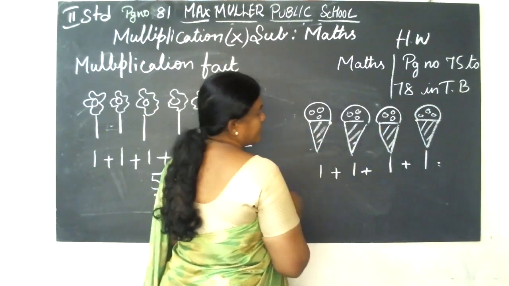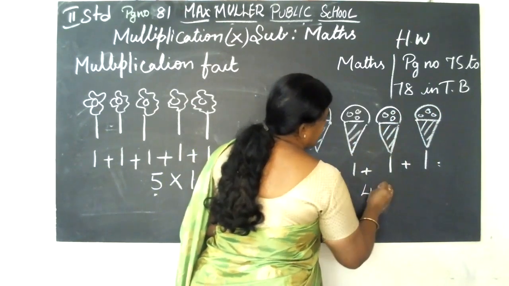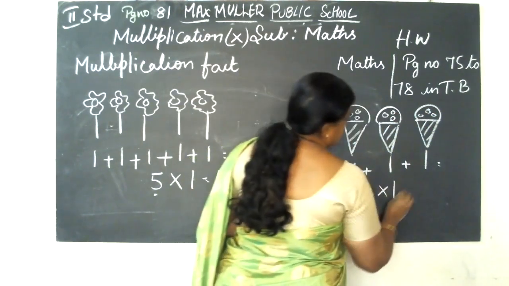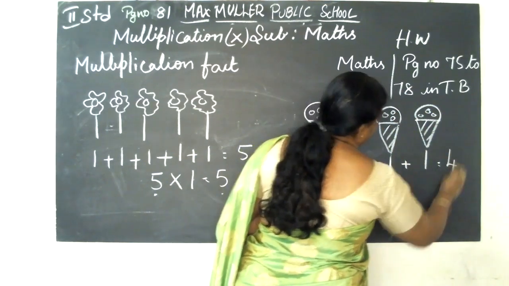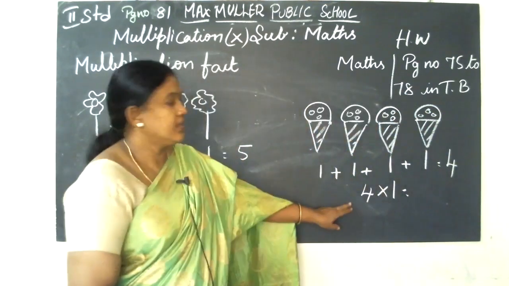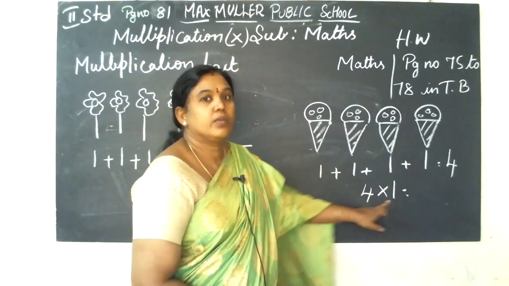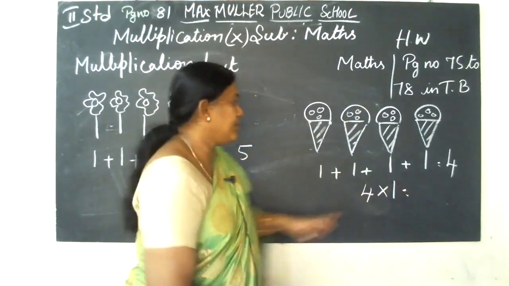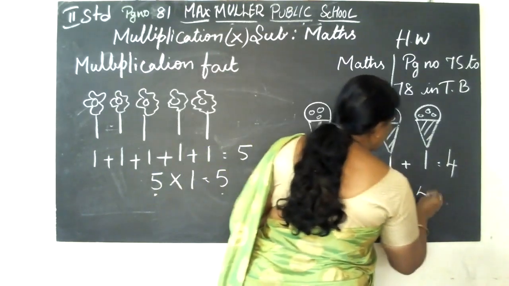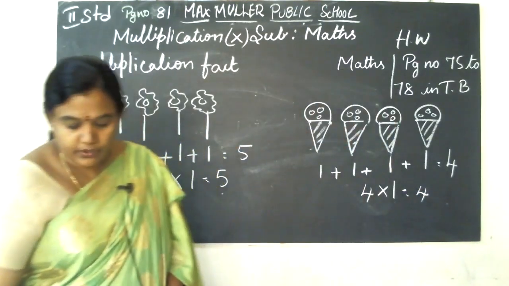See how many ones we used here? 4. Multiplication sign 1. Which number did we use here? 1. If we add also we'll get 4. If we multiply with 1, if any number is multiplied with 1, what will you get? The same number only. 4 ones are 4. Same number only you will get.